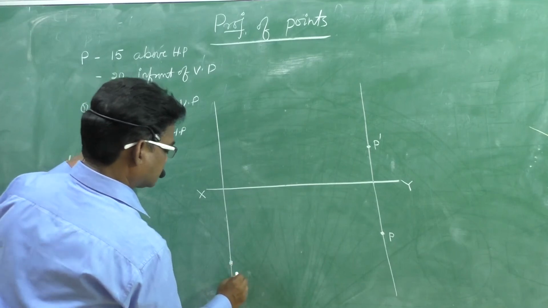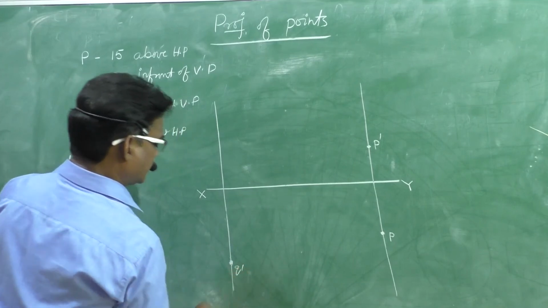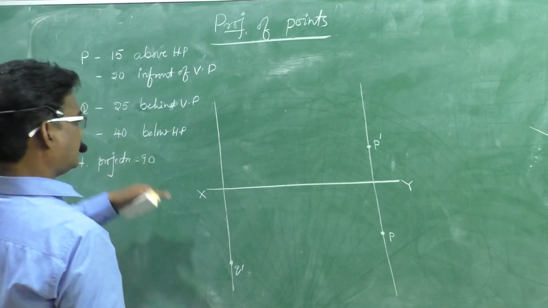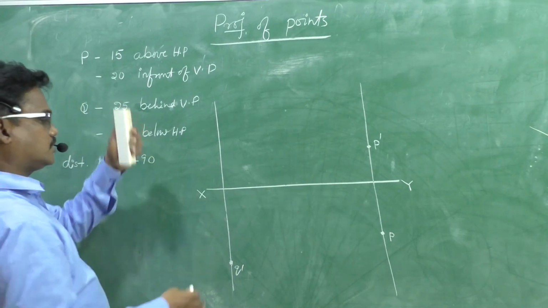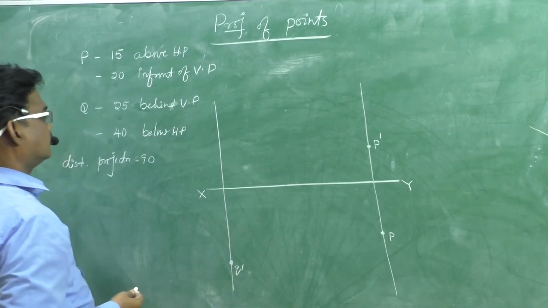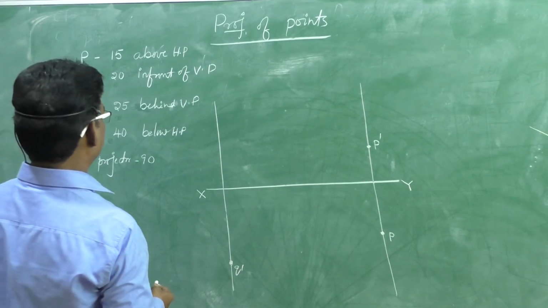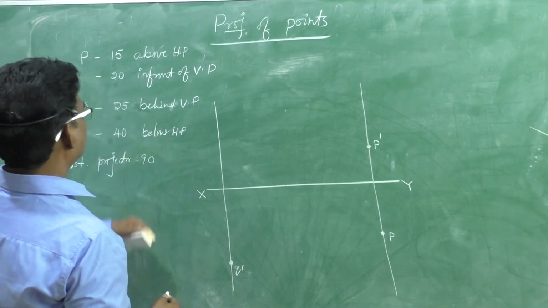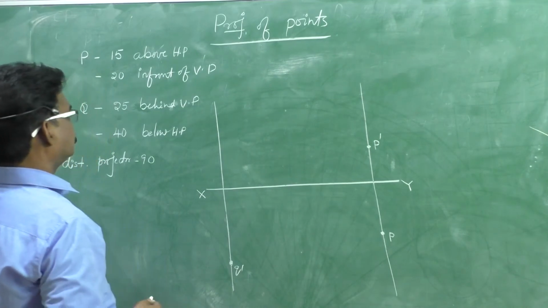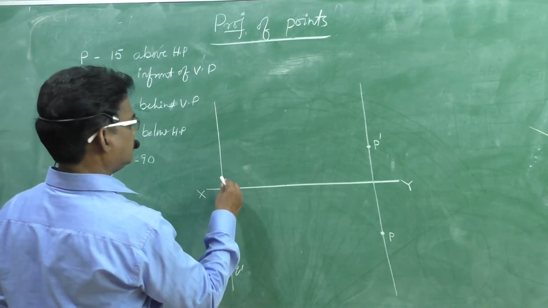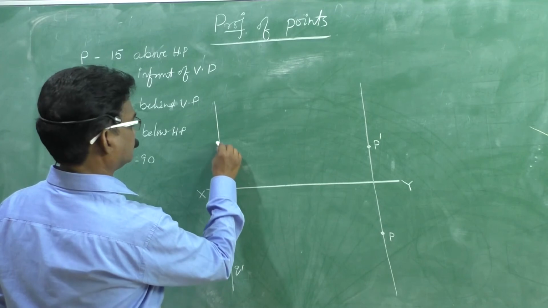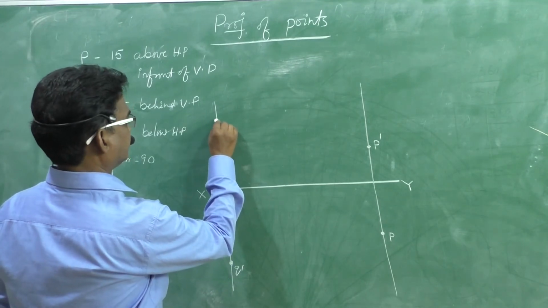And this is the front view, this is Q dash. And behind VP 25 mm, after the rotation it will move above the reference line, 25 mm behind VP. Therefore, here it is 25.